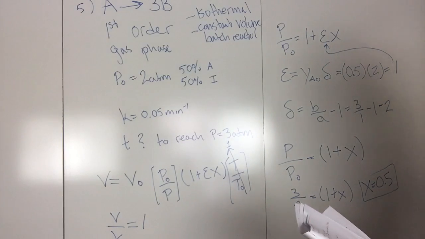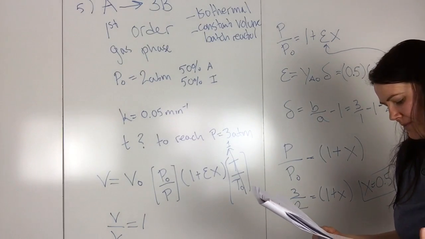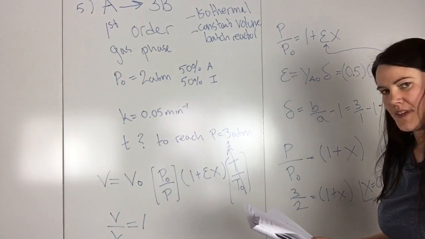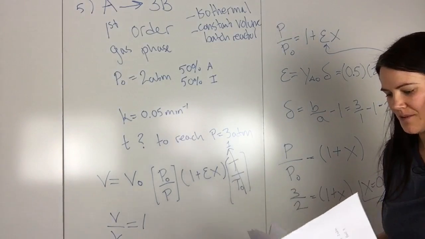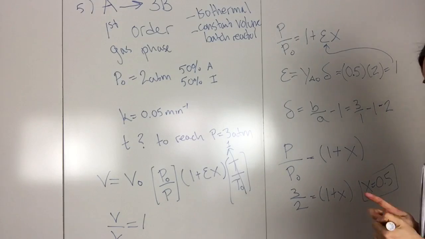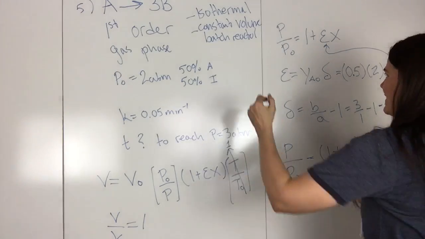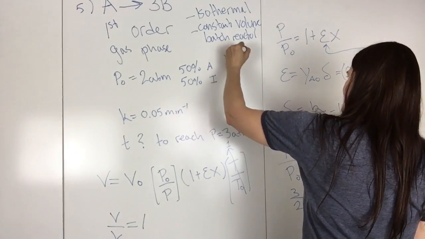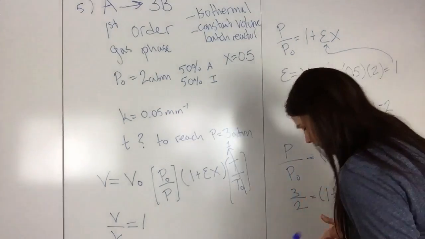So then the next part of the problem is to find the time required to reach that 3 atmospheres and the 50% conversion. So I'm going to erase some stuff. Actually, I'll write down X. So we calculated that X is equal to 0.5.